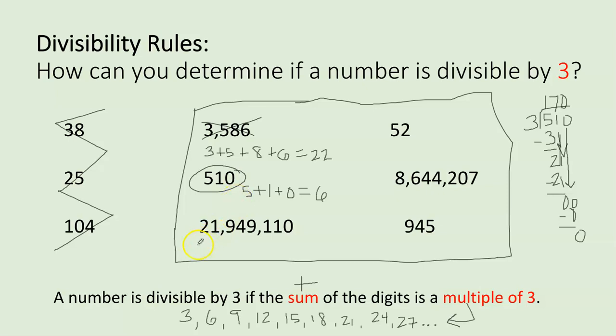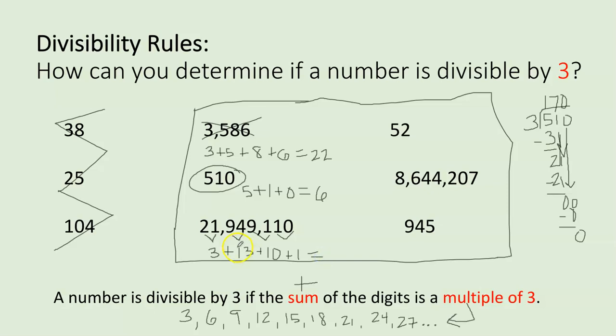Ooh, let's try the next one. All right, so let's do some of this in our head. 2 and 1 makes 3. 9 and 4 makes 13. 9 plus 1 would be 10. 1 plus 0 is 1.